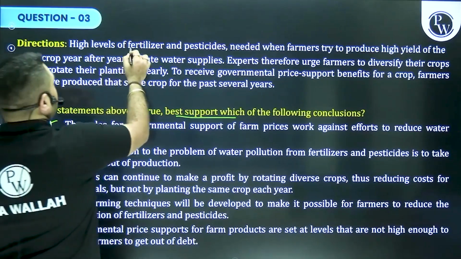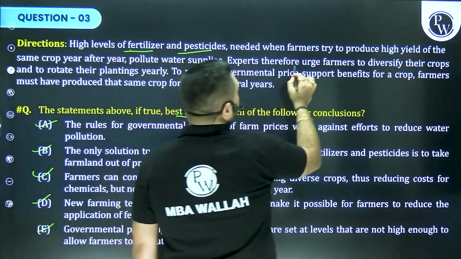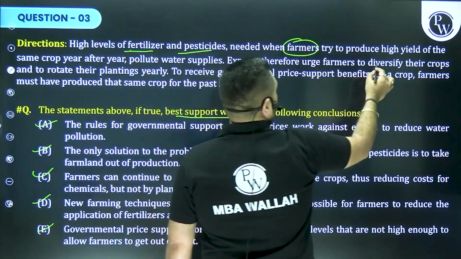High levels of fertilizer and pesticides are needed when farmers try to produce high yield.